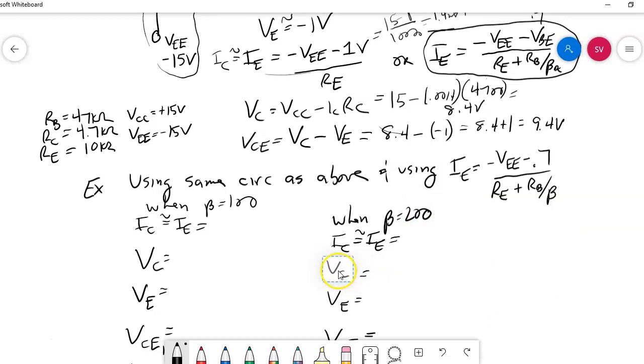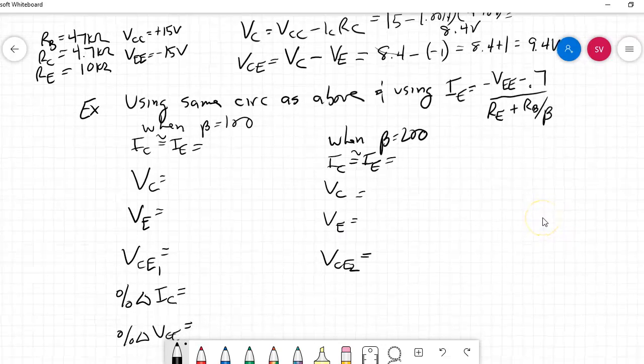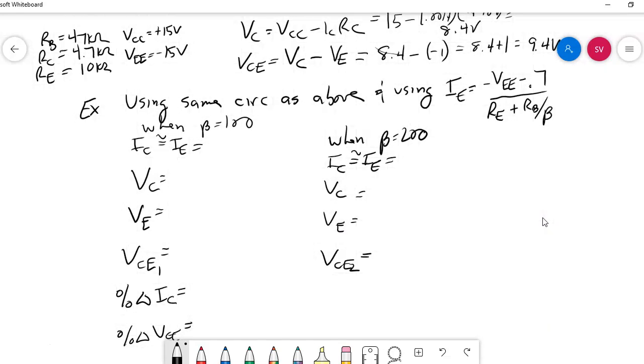I accidentally moved our VC, put it back. All right. So now what we want to do is use the same circuit as above. So I put all the values here: RB, RC, RE, VCC, VEE.